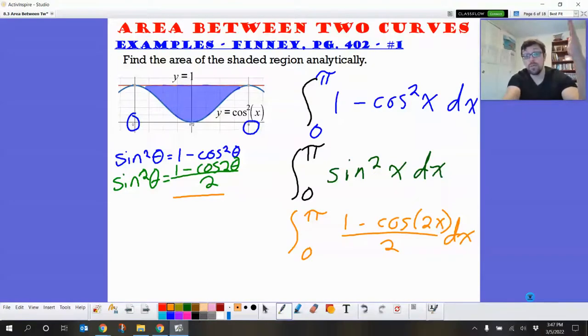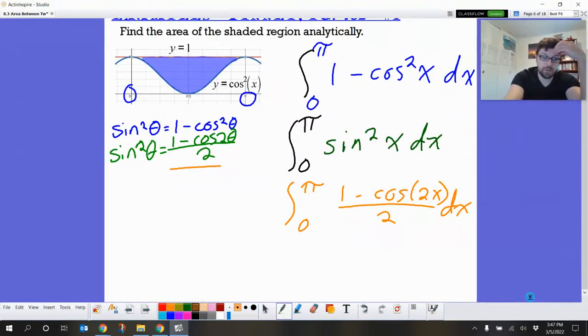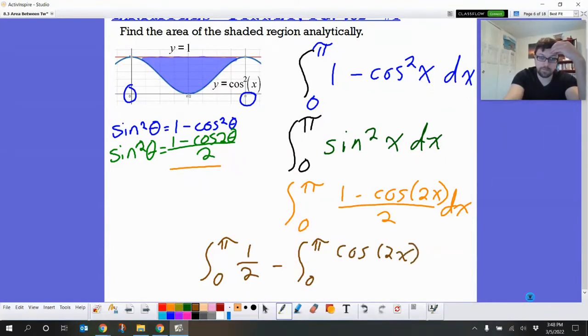And this thing, we should be able to do a proper u substitution. Our u is going to be a 2x, and that's not going to cause us any trouble. So let's start doing that. I'm going to break this up into two integrals. So we got the integral from 0 to pi of 1/2 minus the integral from 0 to pi of cosine 2x over 2 dx.